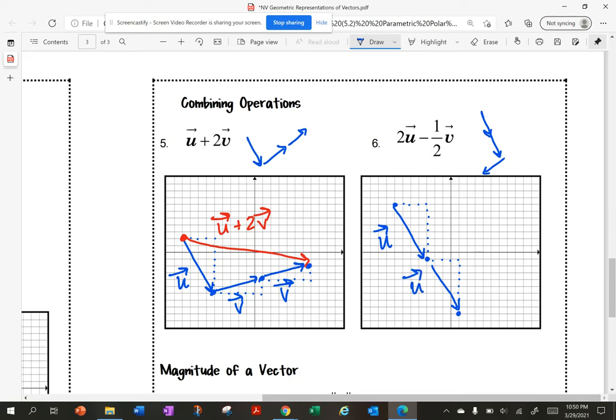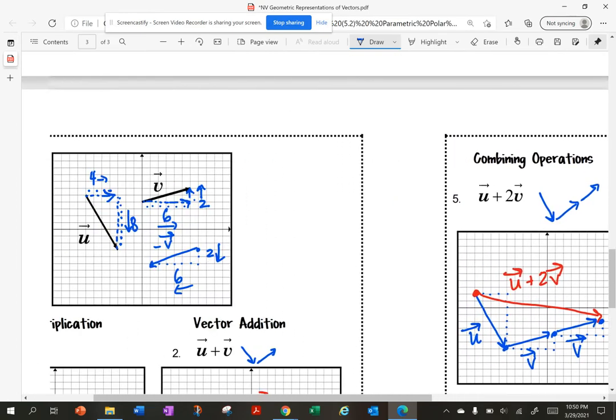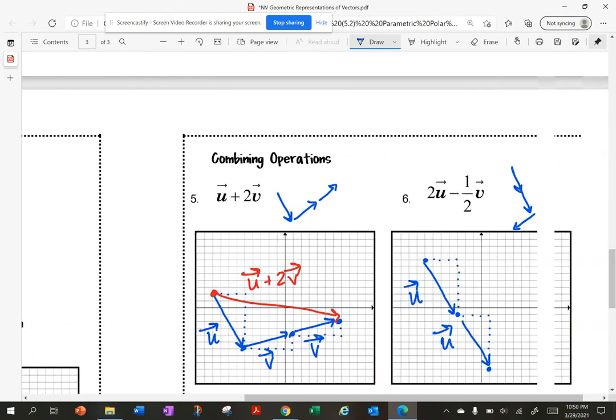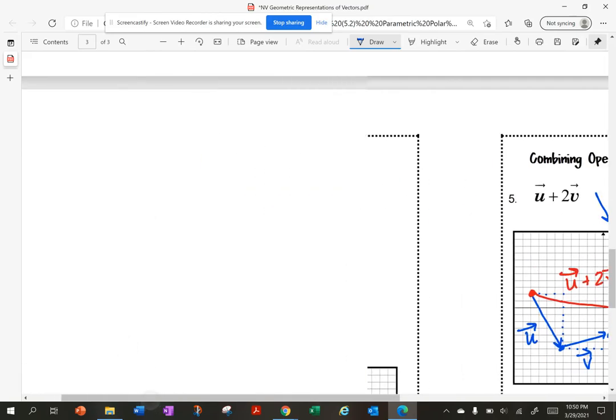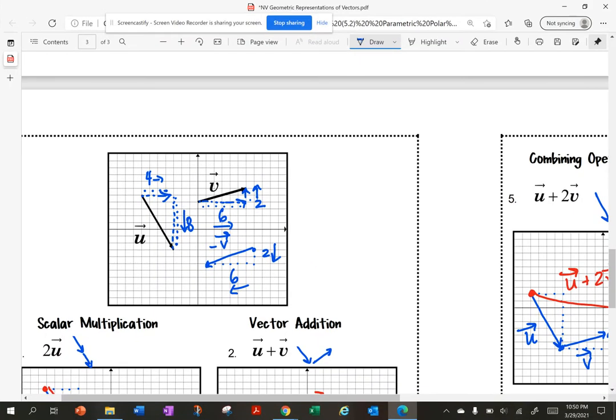And then vector v is going to be half, so that would be 1 down and 3 left. So half of v, 1 down and 1, 2, 3 to the left. There we go. Sorry about that.